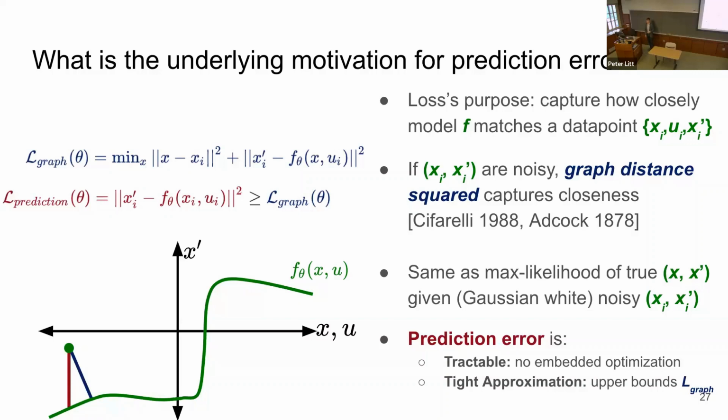And because of this relationship and the training process is minimizing prediction error, if you achieve low prediction error, you also achieve low graph distance. And it's worth noting that, at least as stated here, you don't have to solve an optimization problem to compute prediction error. For instance, if F is a neural network, this is matrix multiplications and additions. So this is very, very fast computationally.